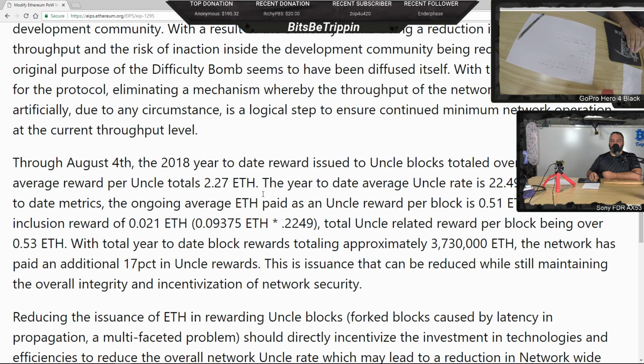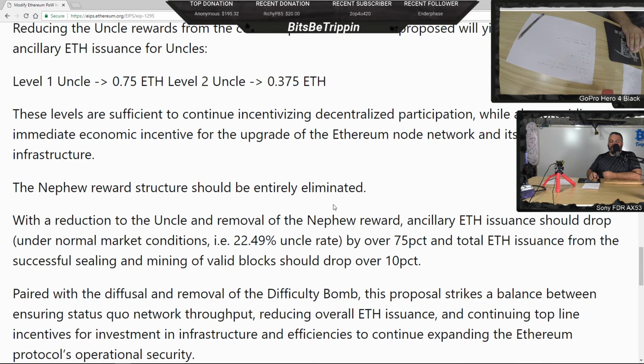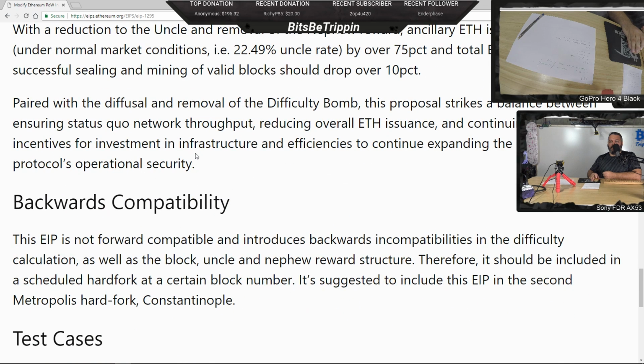So what they're saying is that that's a massive increase because you're essentially rewarding the activity of creating an uncle, back into what I was saying earlier. It's just another way to reduce the total inflation of Ethereum, and reducing uncle and nephews here.